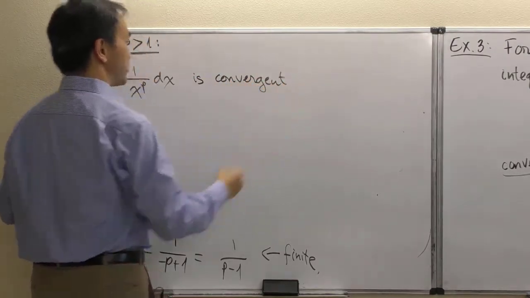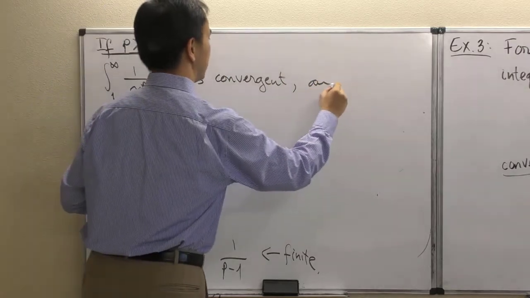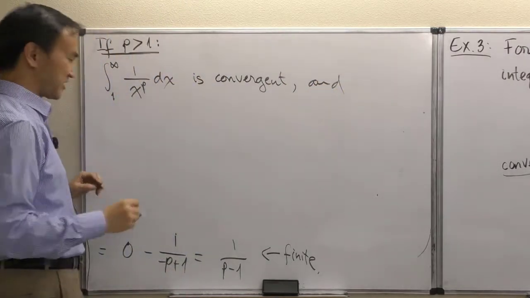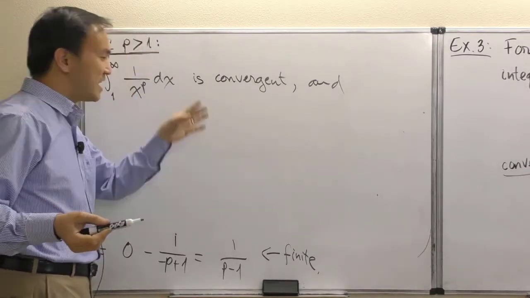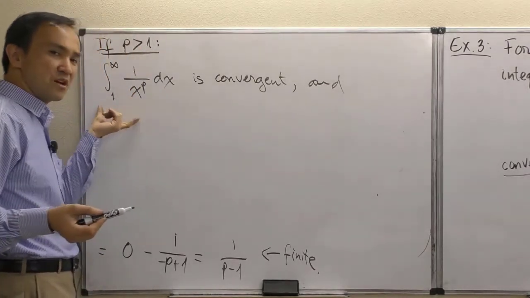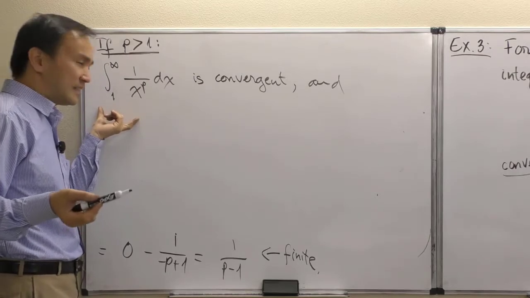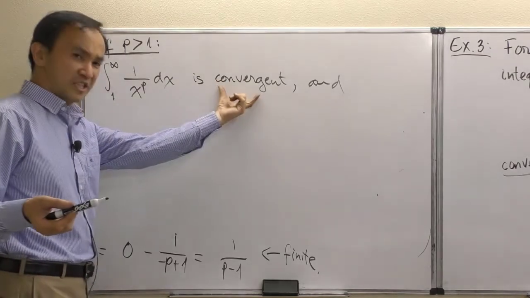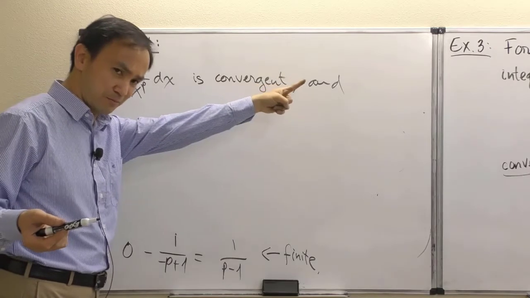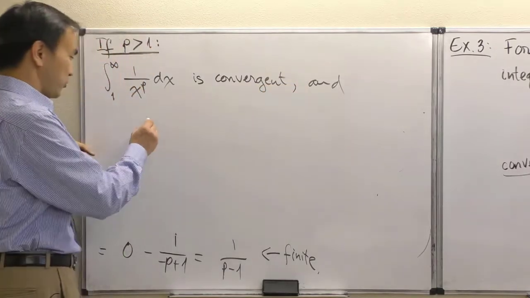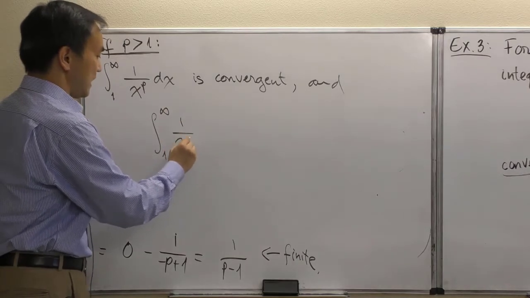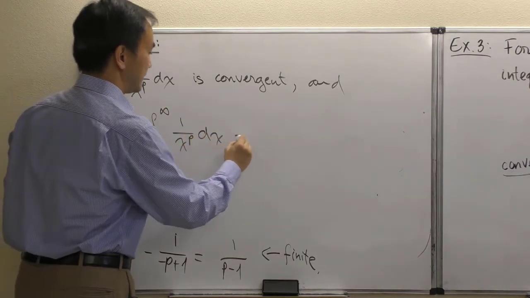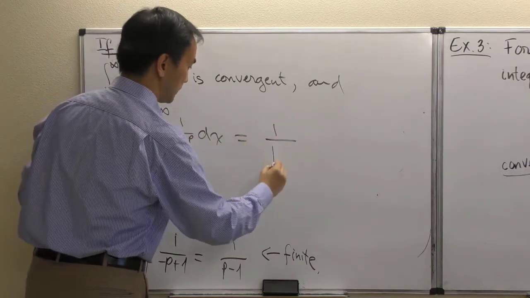And further, in the case of convergent, just like the usual work we have seen back in example 1 and example 2, after deciding whether an improper integral is convergent or divergent, once it's known to be convergent, we can proceed to evaluate it. So this integral from 1 to positive infinity of 1 over x to the p is equal to the answer 1 over p minus 1.